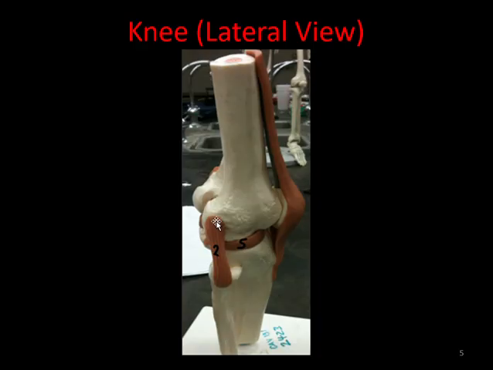So then we know automatically what number 2 is. It is the lateral collateral ligament, or fibular collateral ligament. Also, again, directionally, we are on the lateral side. So number 5, this is the meniscus, but specifically, this is the lateral meniscus.